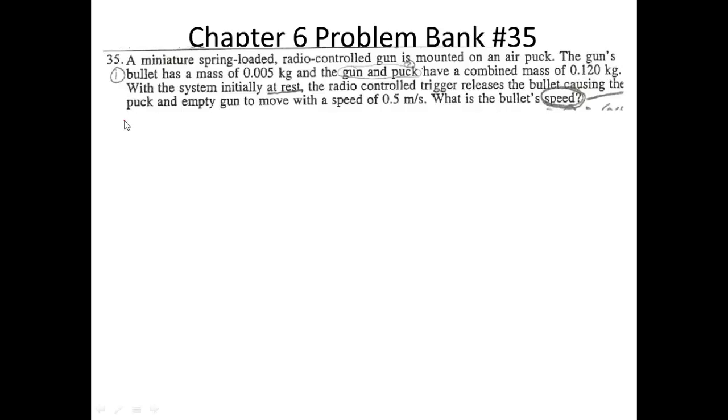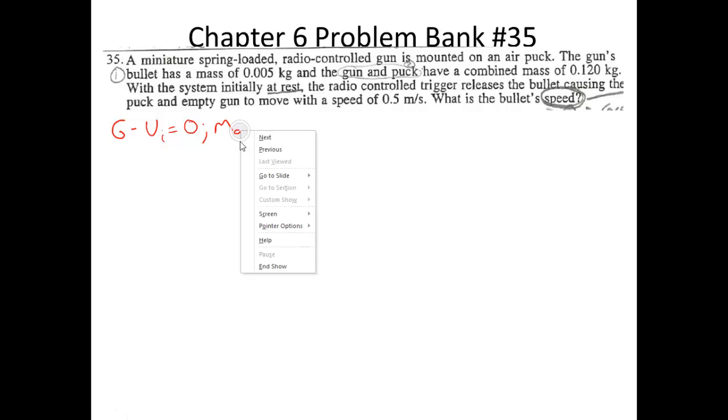So writing down our given. Again, we are showing that we are initially at rest, so the velocity initially is equal to 0. The mass of our gun and puck is going to be 0.120 kilograms.